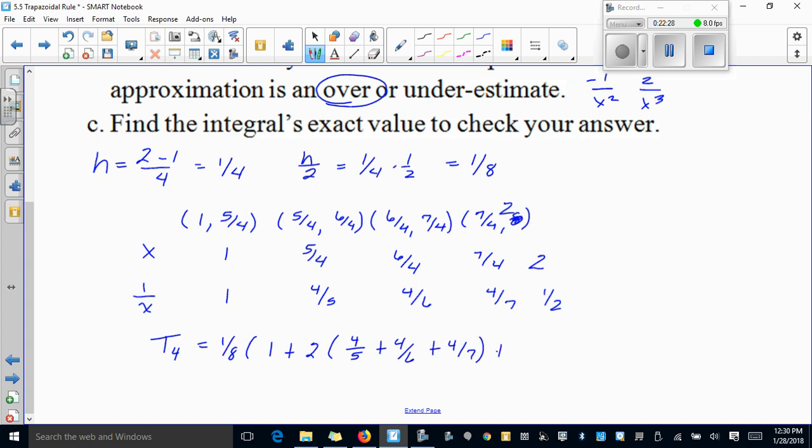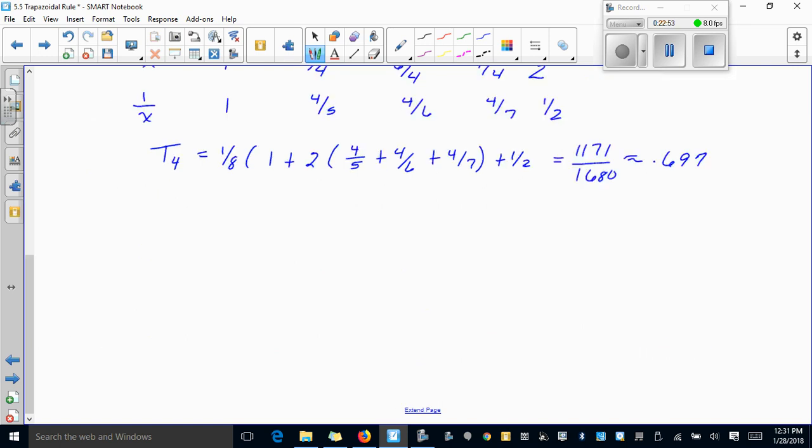And I'll be honest with you, at this point, I pretty much just threw this into a calculator and got an answer of 1171 over 1680. And there's nothing wrong, just make sure you put it in the calculator right, which is approximately 0.697. Now, when we did the calculated part, we got 0.693. So remember, to compare, it's the trap minus the integral over the integral.